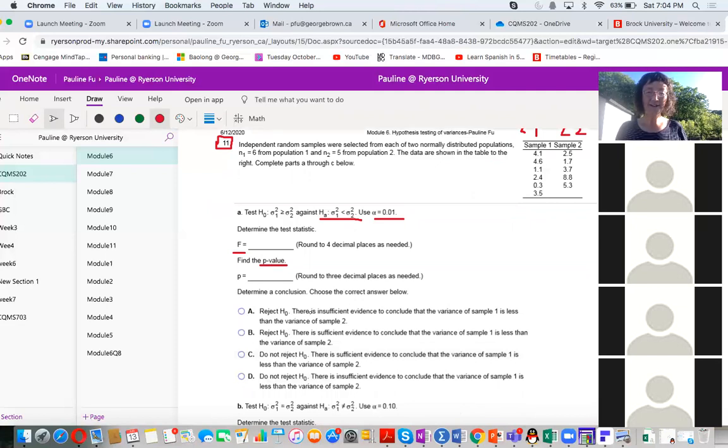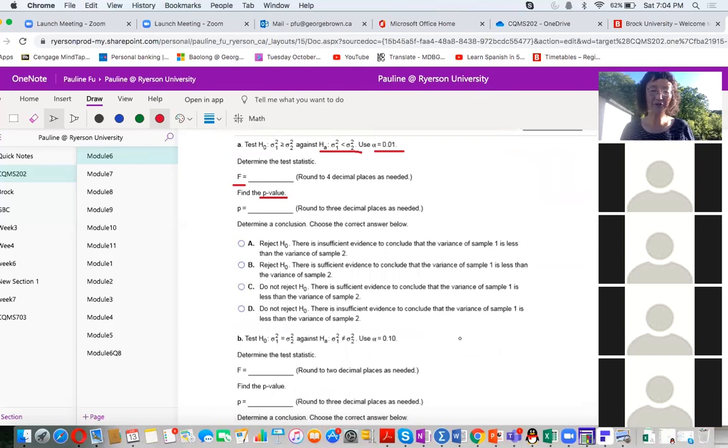But A said there is insufficient evidence to conclude that the variance of sample 1 is less than the variance of sample 2. And B said there is sufficient evidence to conclude that the variance of sample 1 is less than the variance of sample 2. Which one would you select?